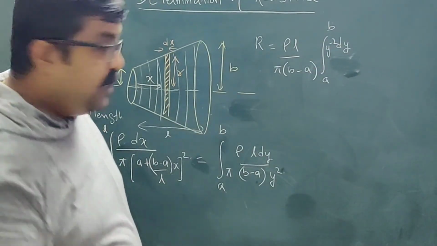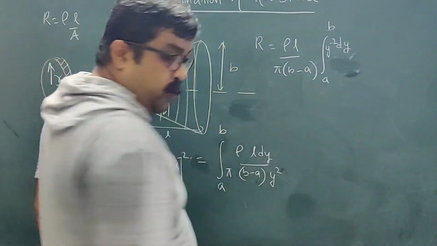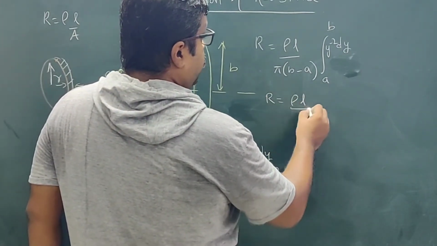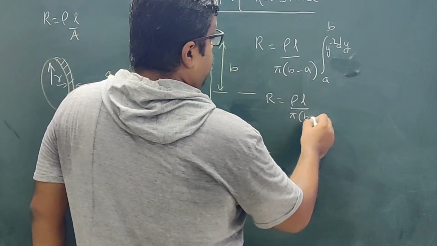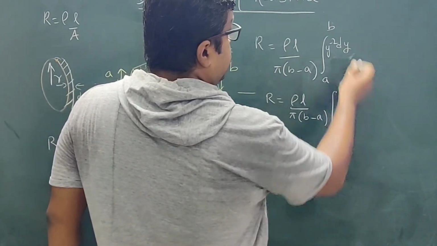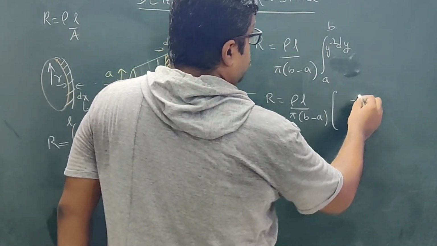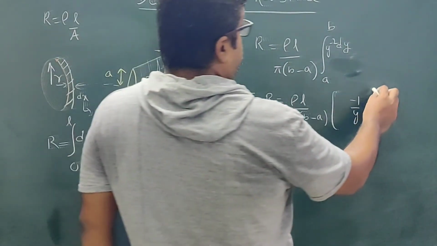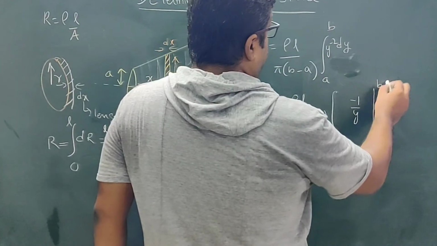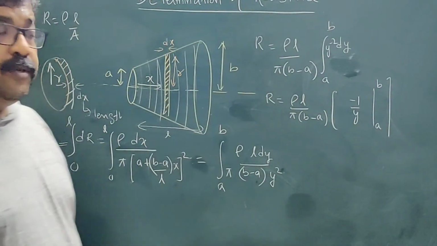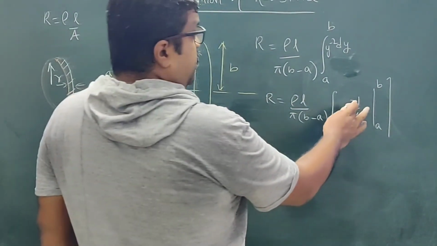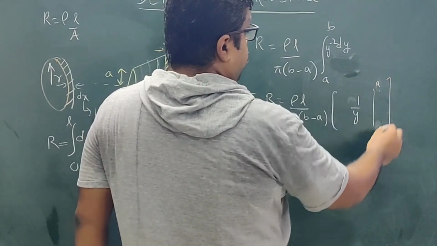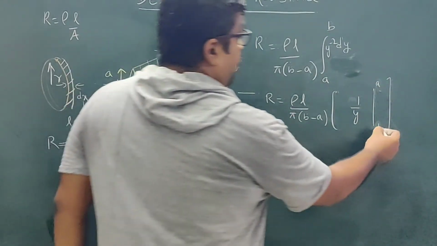On integration of y power minus 2, R is equal to rho L by pi (B minus A) times minus 1 by y, with limits A to B. If I change this minus sign, the limits also change, so this is A, this is B.